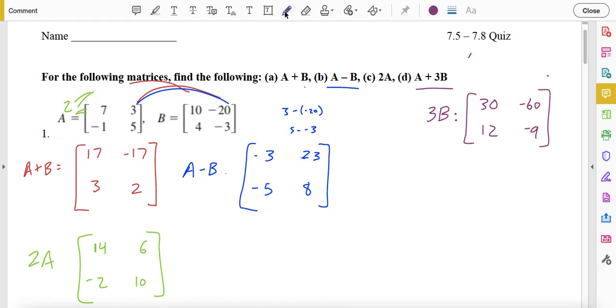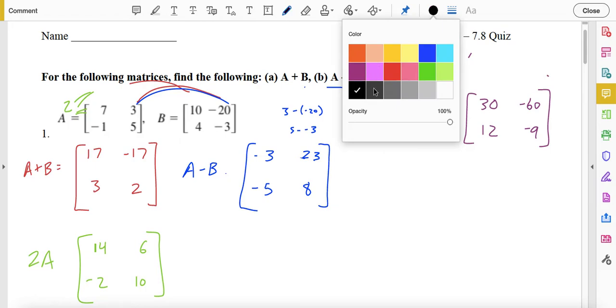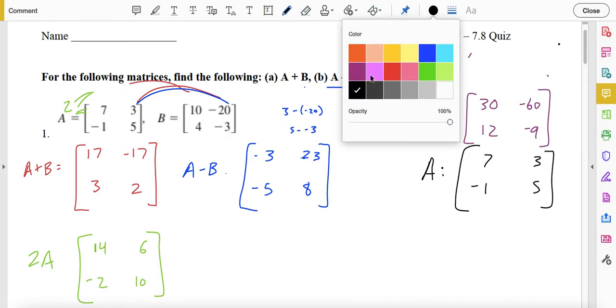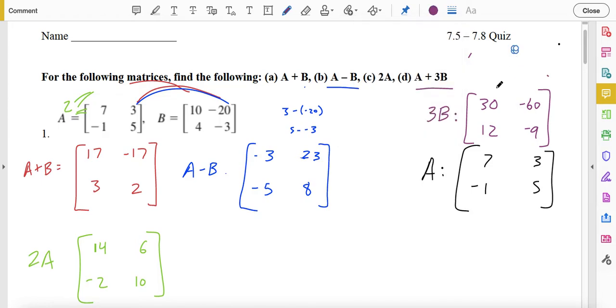All right, so we're doing a plus 3b again. I'm just going to recopy matrix A right over here. So matrix A is 7, negative 1, 3, and 5. We're taking matrix A and adding 3b to it. So a plus 3b is going to be another 2 by 2.